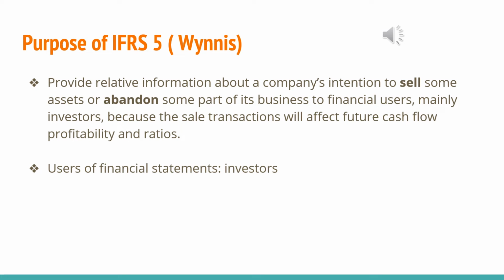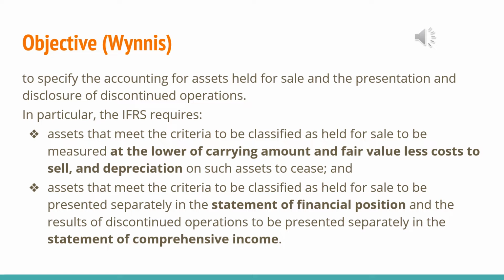The users of financial statements, like investors, should be informed about a company's or another entity's plans to sell some non-current assets and discontinue some operations because it might affect its future cash flows, profitability, and the overall financial situation. The aim is to highlight the results of discontinued operations and to separate them from the results of ongoing activities.